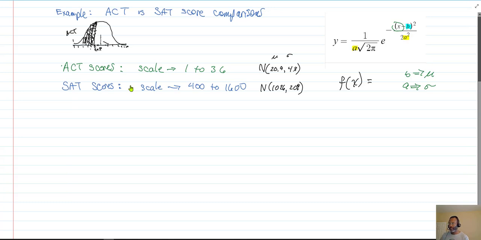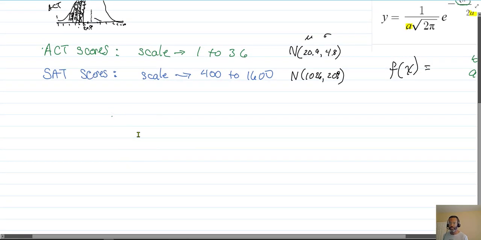So now let's go back to this. So how do we compare these two? So if you look at this, let's say that Tina, we're going to do a comparison. Let's zoom in on this a little bit. Tina took the SAT, so I'll make it the same color.